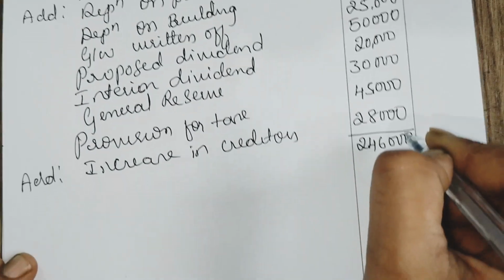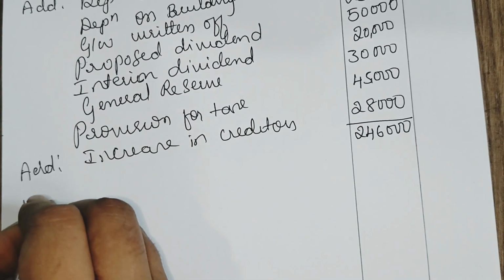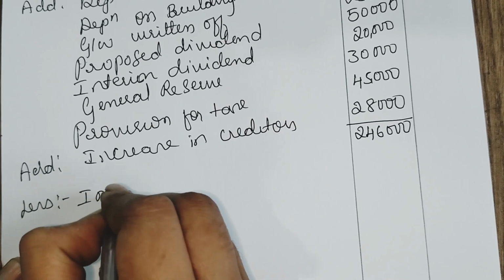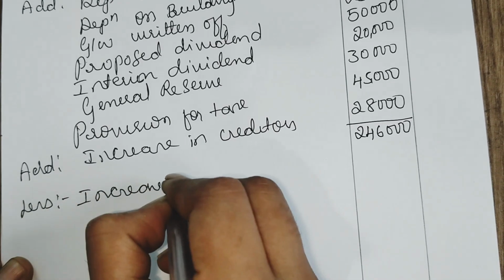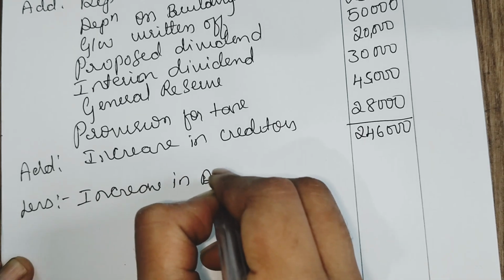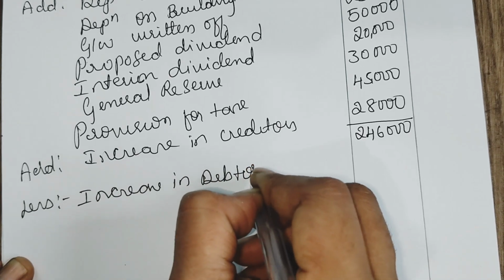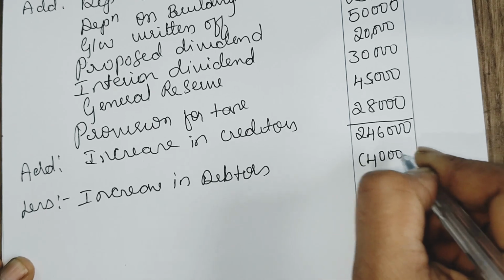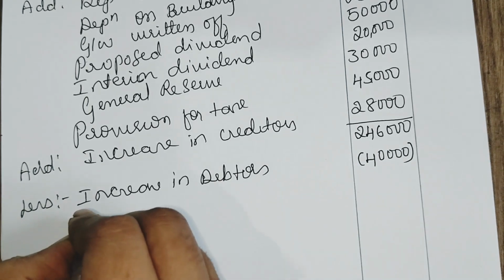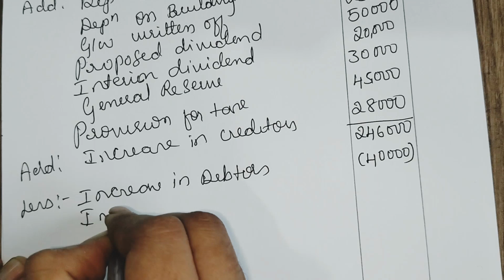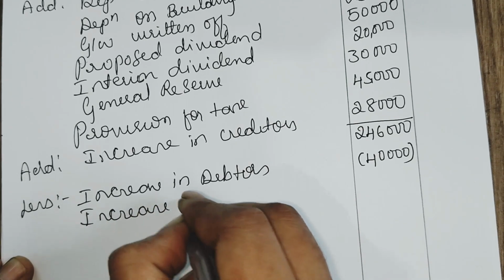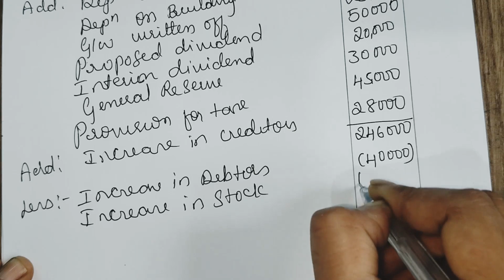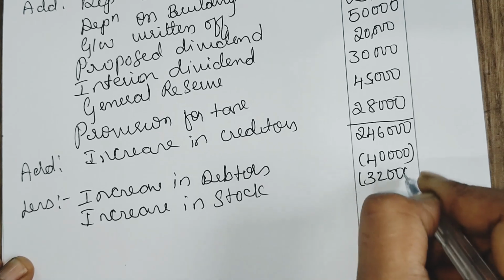Total is 2,46,000. From this there is increase in debtors 40,000. Increase in stock we are minusing 32,000.